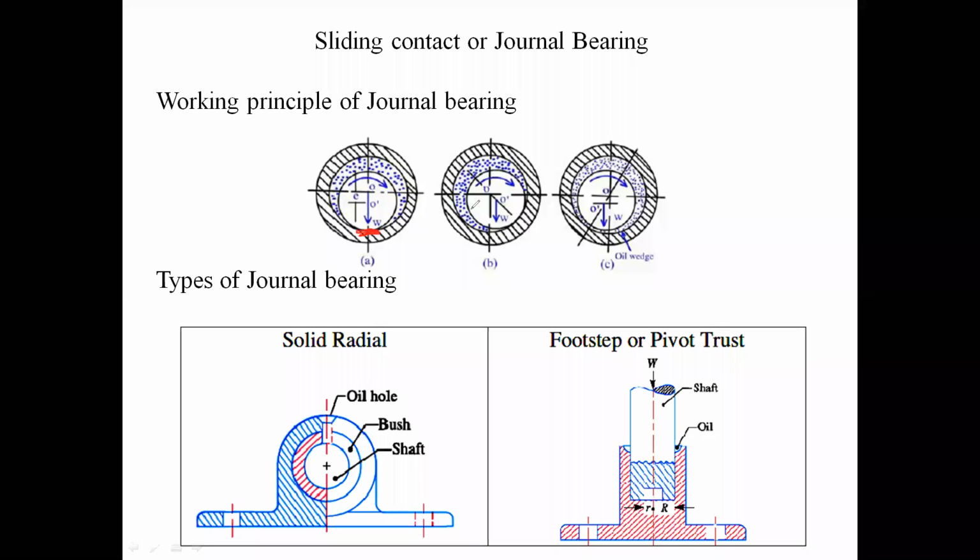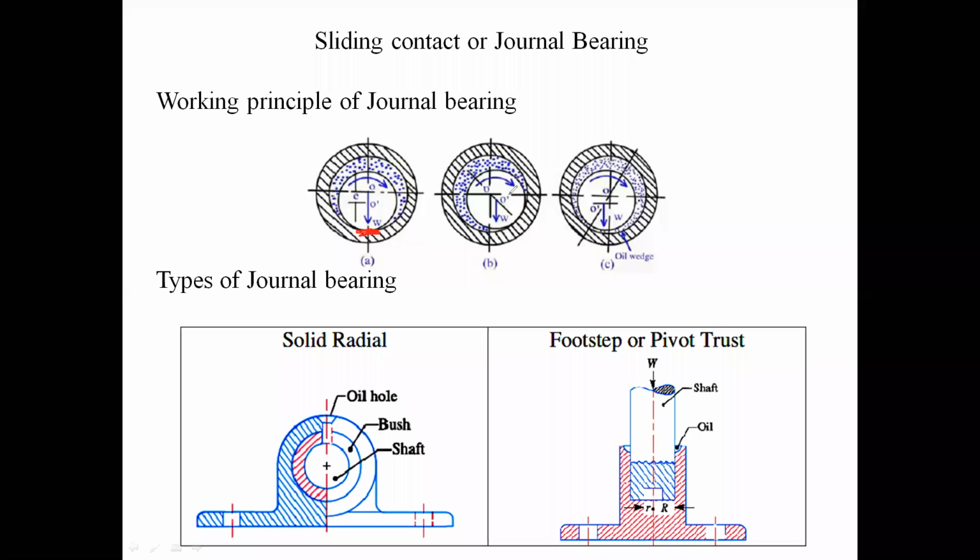When this journal or shaft tries to rotate, when it starts to rotate, होने के बाद क्या होता है? It will try to lift up. You can see now the journal is lifting up because of rotation.